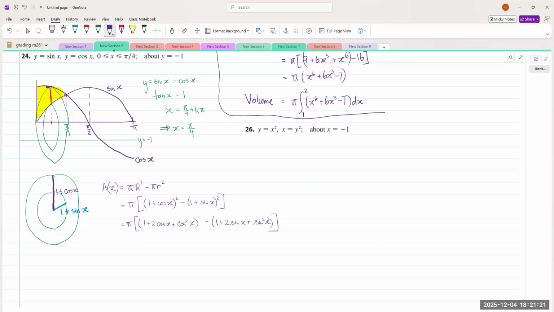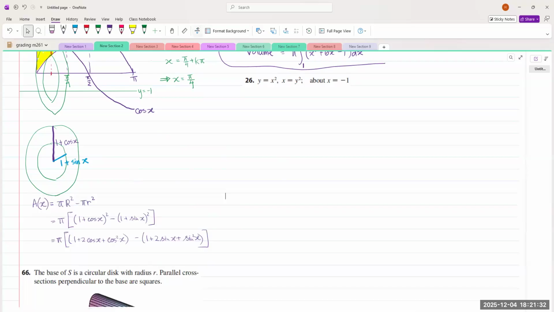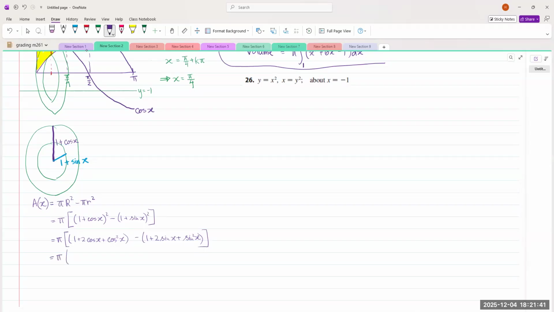For this question, I need to show you the integration. Let me move this a bit lower because I need that space for the other question later on. Notice the 1 cancels, so I get 2 cosine x minus 2 sine x plus cosine squared x minus sine squared x, which I think you don't know how to integrate yet.